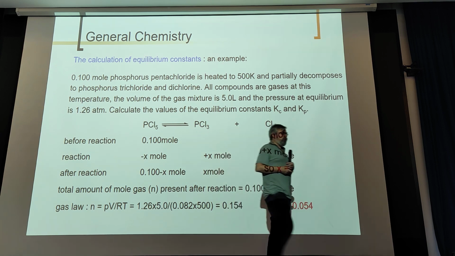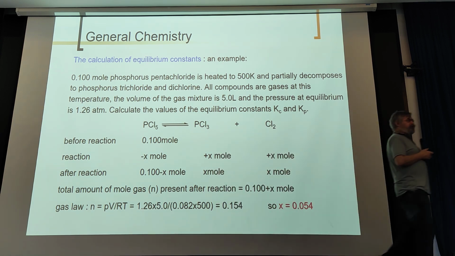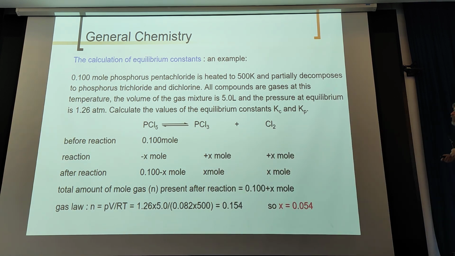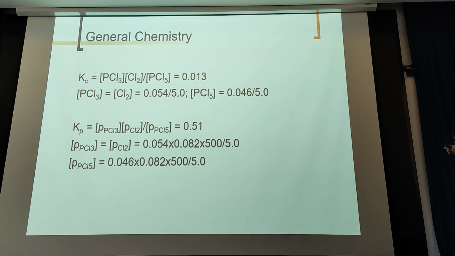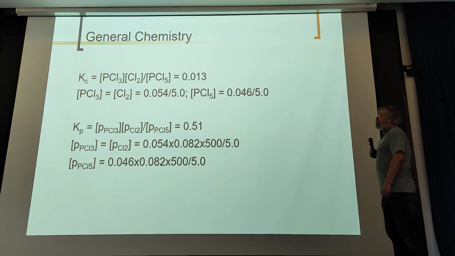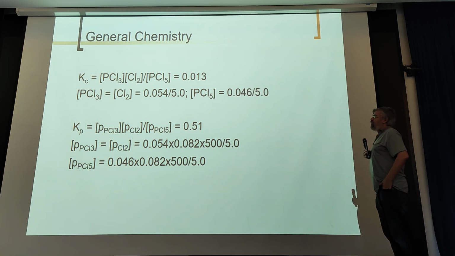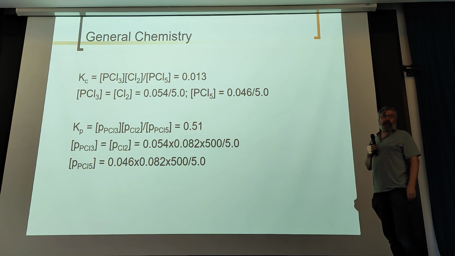So we know all of the amount of mole that we have. And we know it's in 5 liter. So we can now actually calculate this. Kc is actually 0.013. So this is how we calculate the concentrations.